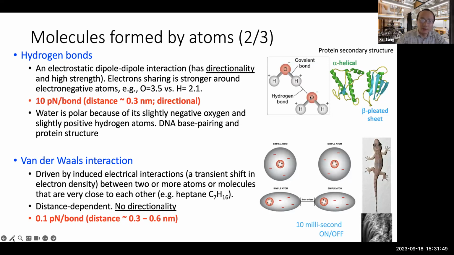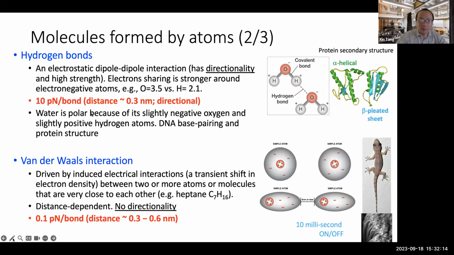Up to now, you can appreciate why those interactions are important. They actually generate different kinds of functions and structures of basic atoms. Right? They gradually build up the things into more interesting functions. So for the water, it is polar: slightly negative oxygen and slightly positive hydrogen.